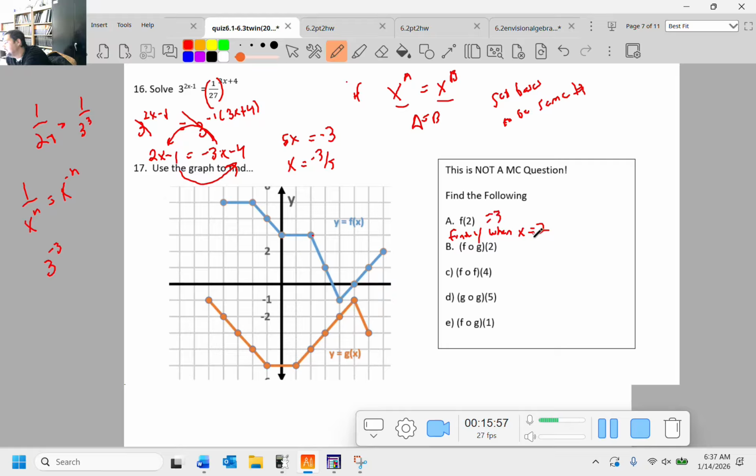When I do example B, I like to go old school. Maybe that's because I am old school, apparently. So what I'm going to do on this one is I'm going to find y when x equals 2 on G, and I'll plug the result into F. So G of 2, I go to where x is 2.